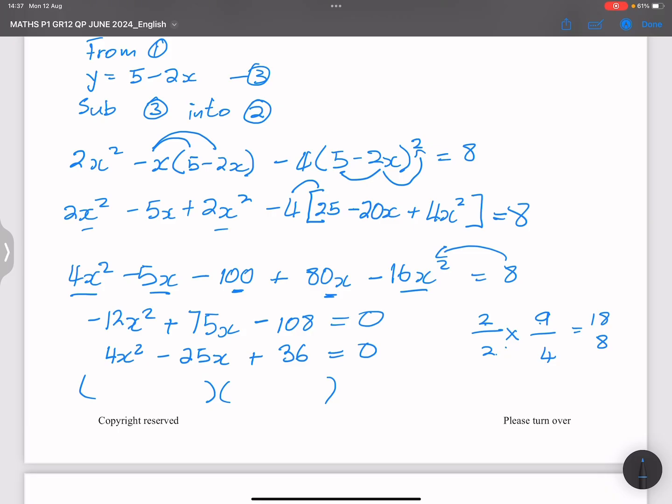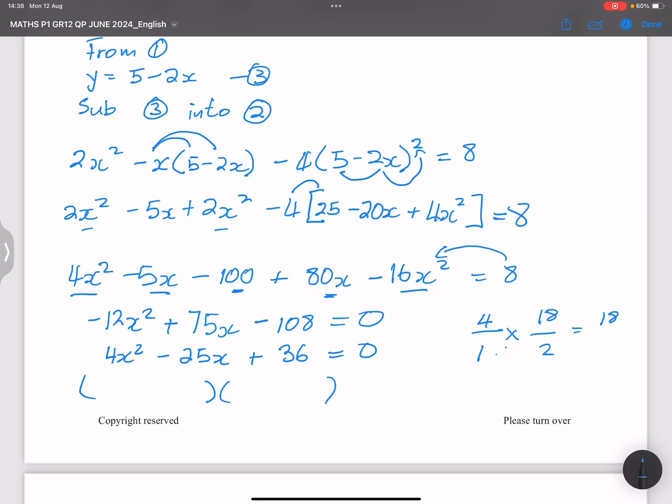So we move on to the next one. Let's take 4 and 1. Let's see if we take 4 and 1 and we take 18 times 2. If I look at that again, that's 18 times 1, that gives me 18.